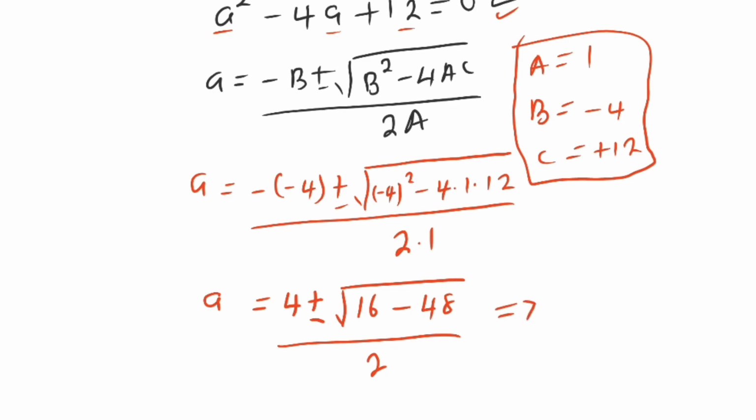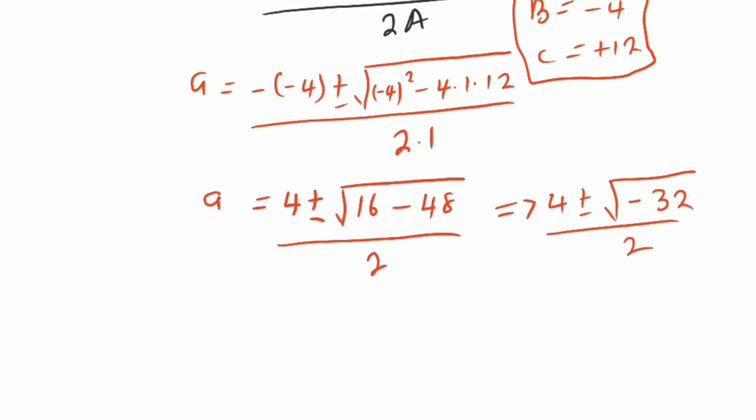And this is the same thing as 4 plus or minus square root of 16 minus 48, that is minus 32, over 2.